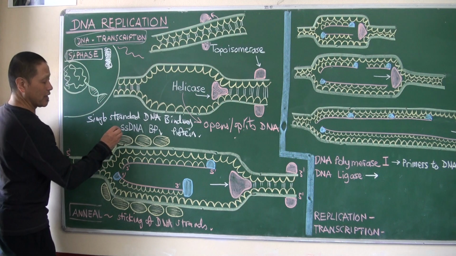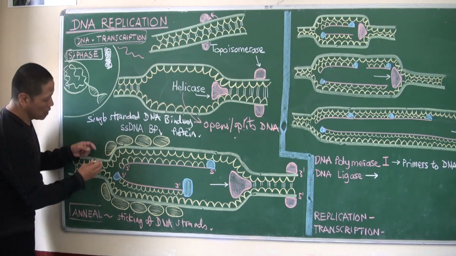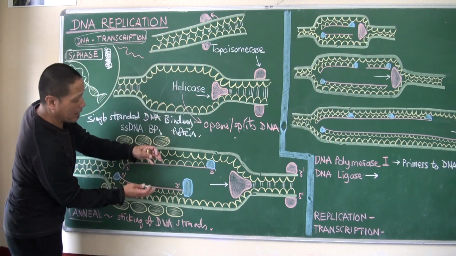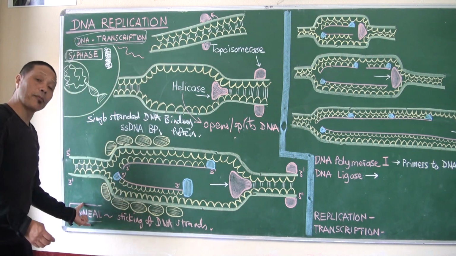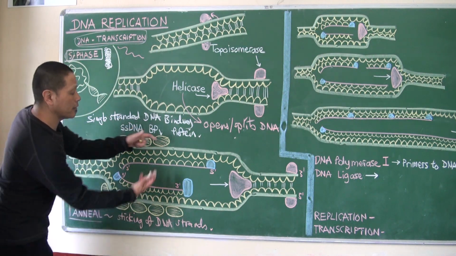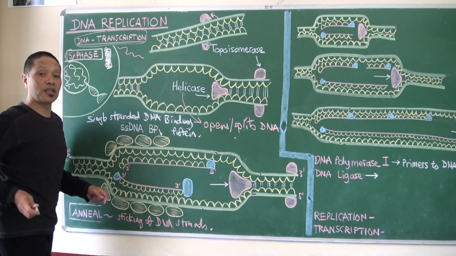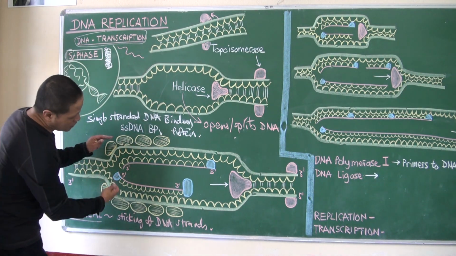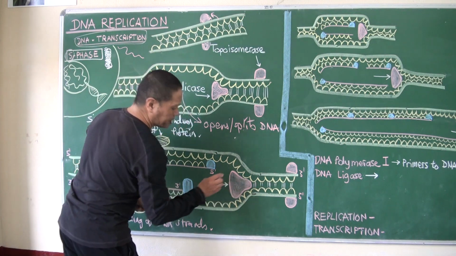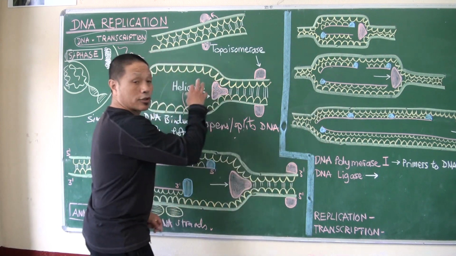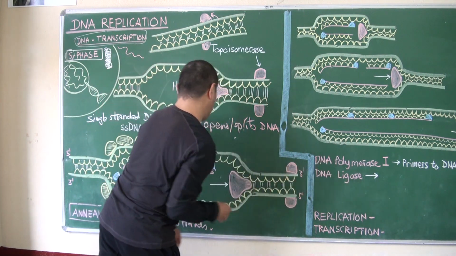The work of the ssDNA binding protein is that it sticks to the separated strands and prevents the falling back, or the annealing, of the DNA back into the closed DNA strand.